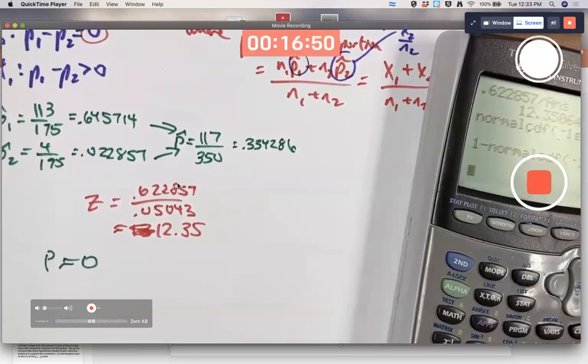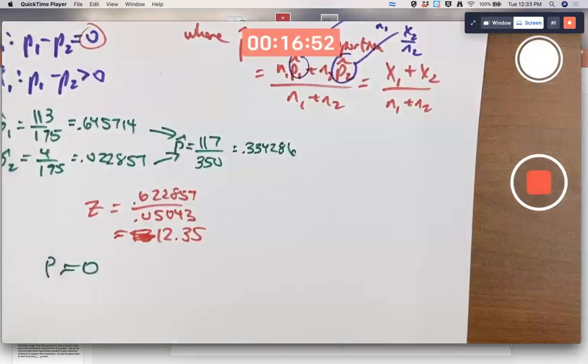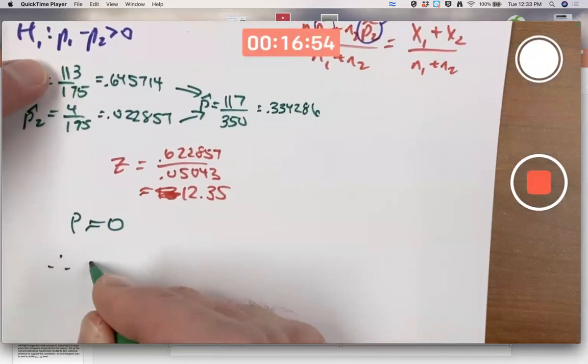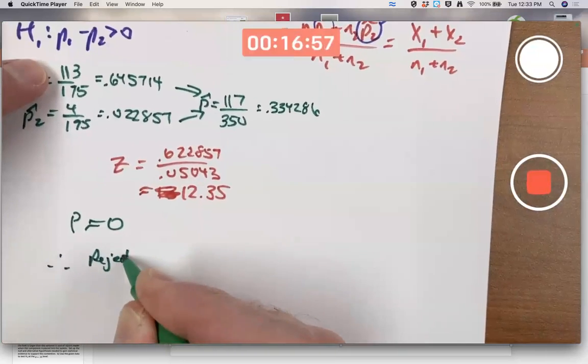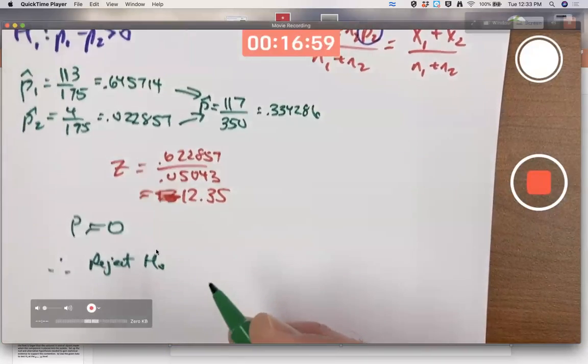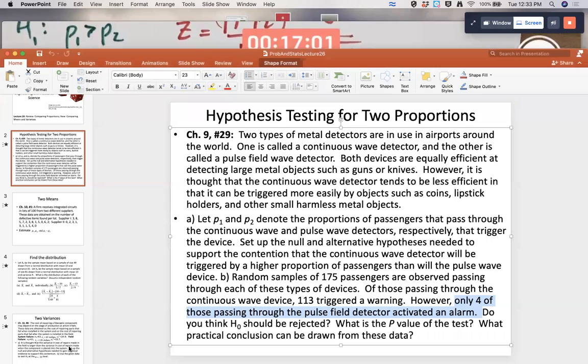And therefore, we think the null is false, and we reject it. Therefore, reject the null. We have strong evidence against it, very, very strong evidence. Seems there's no way that p1 equals p2. p1 is definitely bigger than p2 here. The continuous wave is definitely more sensitive than the pulse wave, maybe too sensitive, right? We don't want so many false alarms.